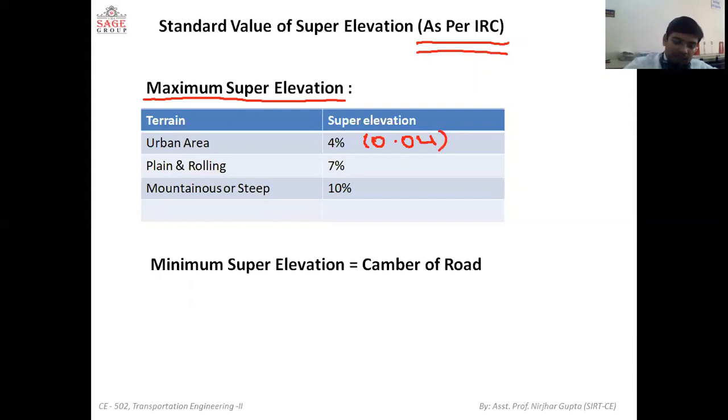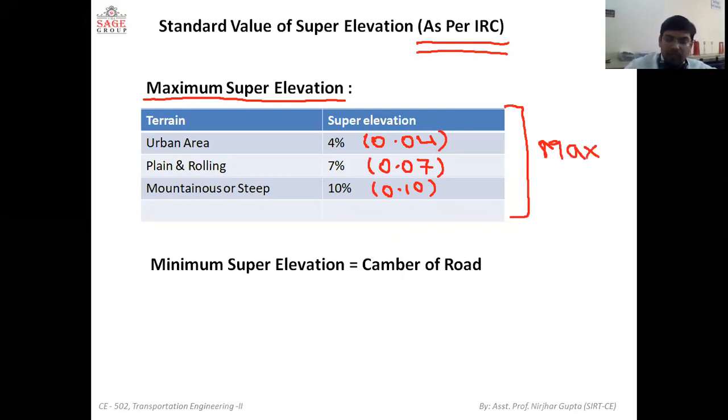Similarly, under plain and rolling terrain, we have to provide a maximum of 7%, that is 0.07, and under mountainous and steep slopes, the maximum super elevation provided is 10%, that is 0.10. So these are the maximum values of super elevation.